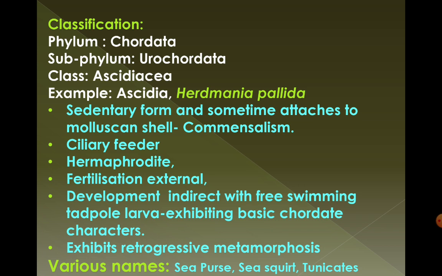There is one more name, sea potato, because it appears oblong, round to elongated in shape, and it also shows some brown, dark brown to pinkish patches on its body, and it appears like a potato, and because of that it is also called a sea potato. These are the different names given to this Herdmania.